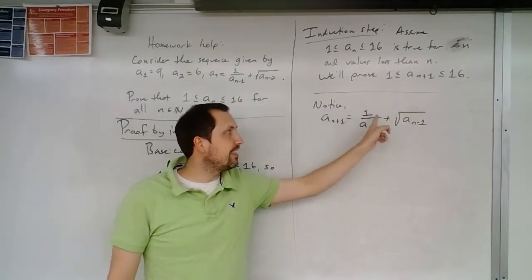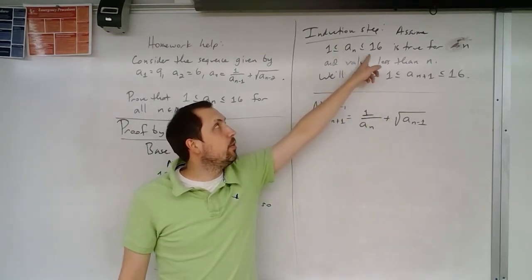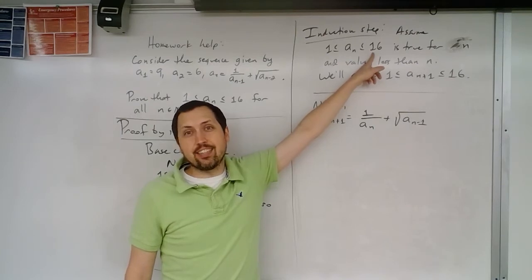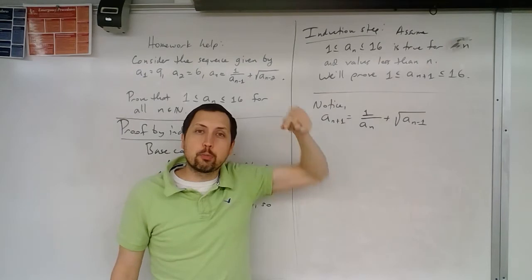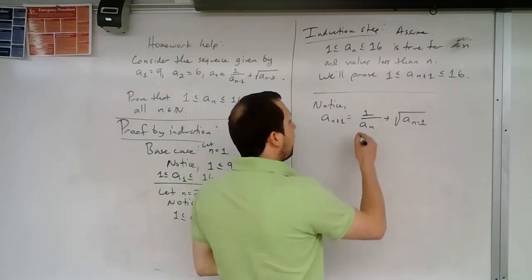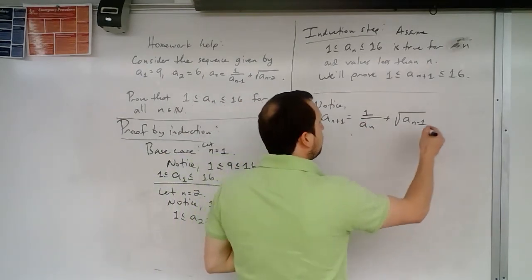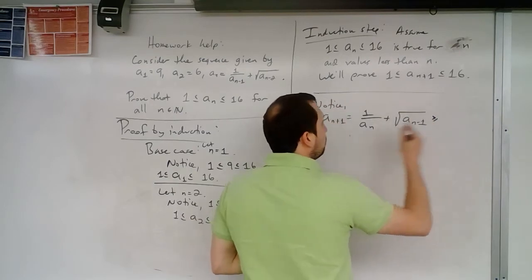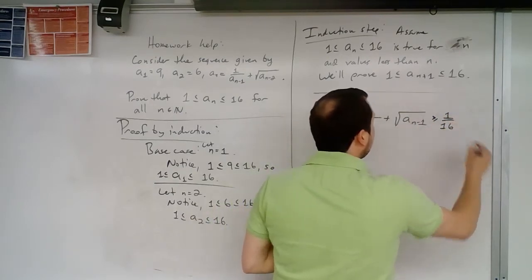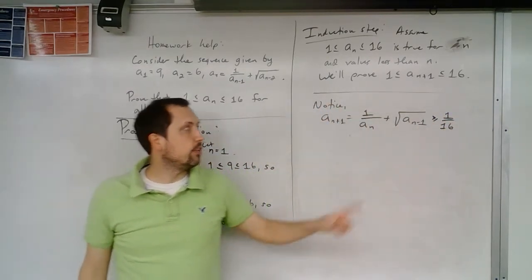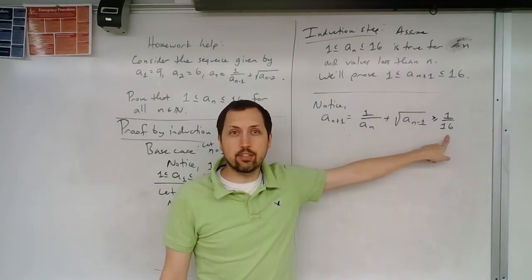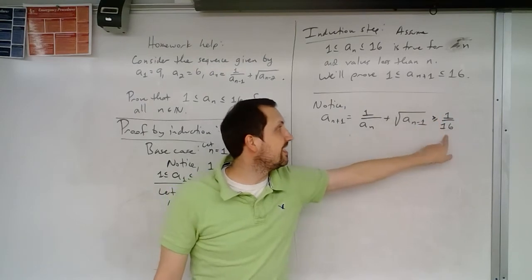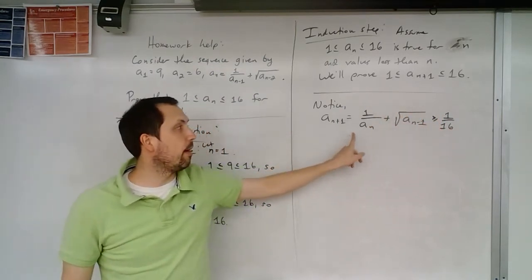So the smallest this can be is when a sub n actually equals 16. So worst case scenario, maybe that equals 16. That's as small as I can get. So I know that this must be greater than or equal to 1 over 16. So basically this is always less than or equal to this because 16 is always bigger than that.